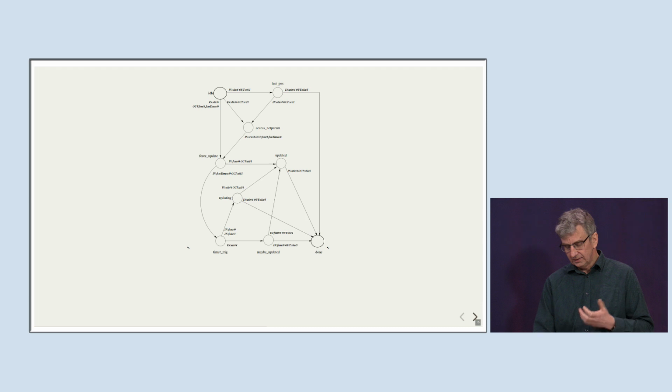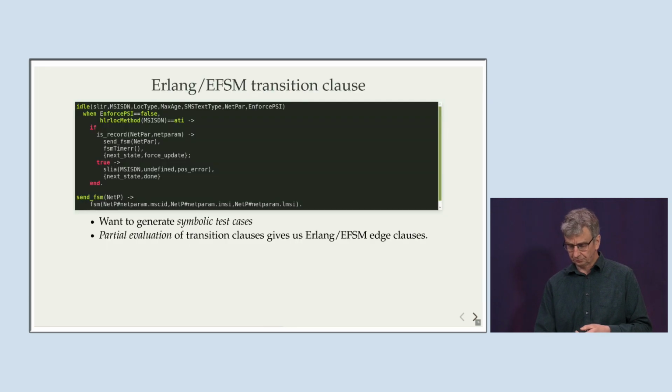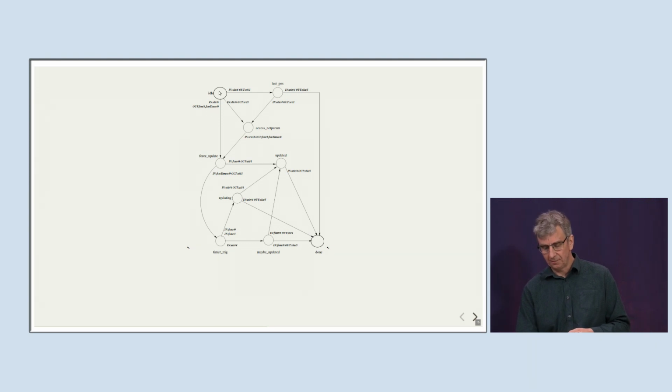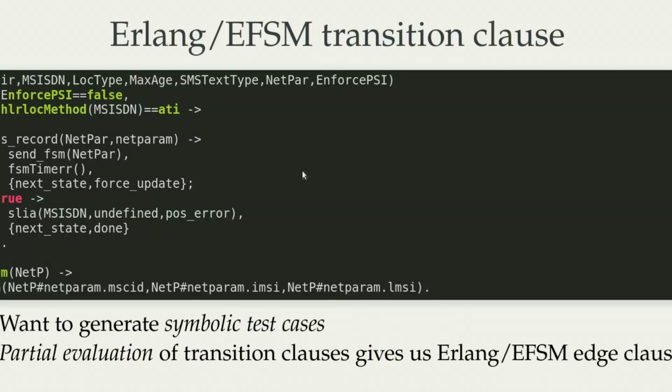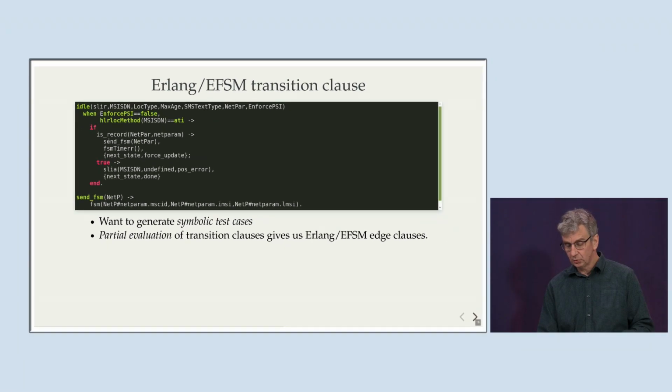So if you think of this state machine again, we take one edge here in the state machine, because we wanted to create a test case that goes from this start state to the end state. But in one state, we can see here, for example, this is just an example, that you have a guard here, and you can execute this in two ways.